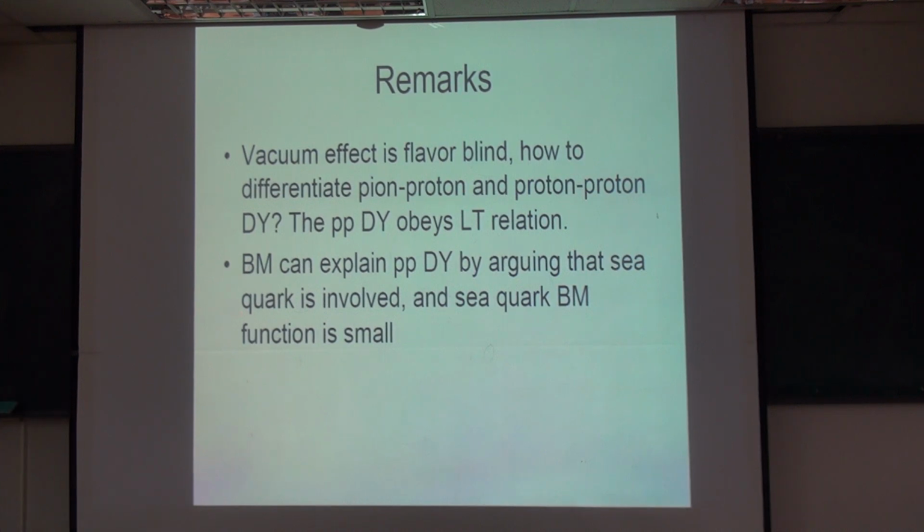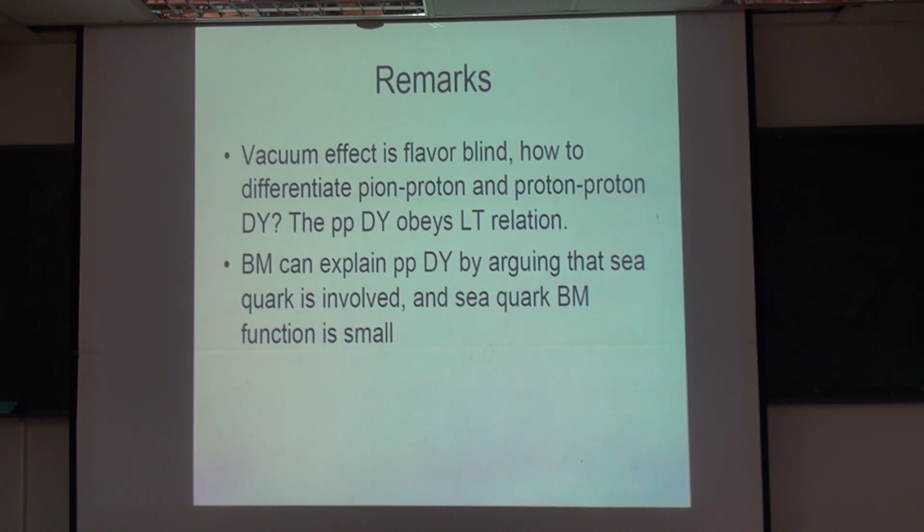But the Boer-Mulders proposal can differentiate the pion and the proton, because they can argue that the anti-quark is a valence quark in a pion, but this anti-quark is a sea quark in a proton.